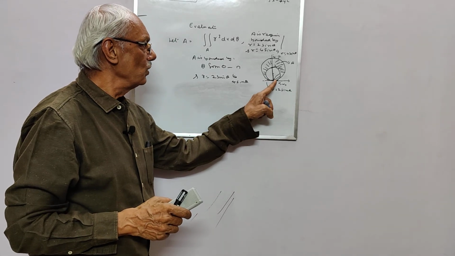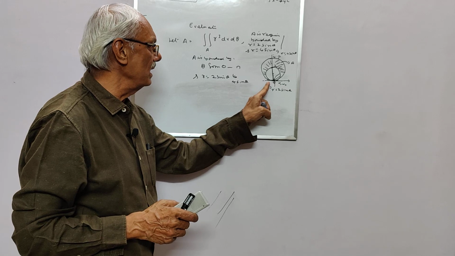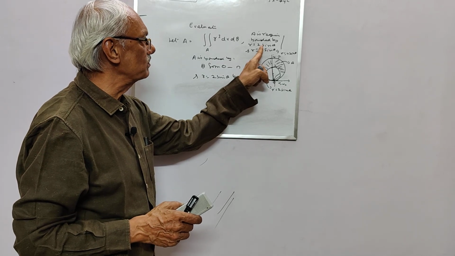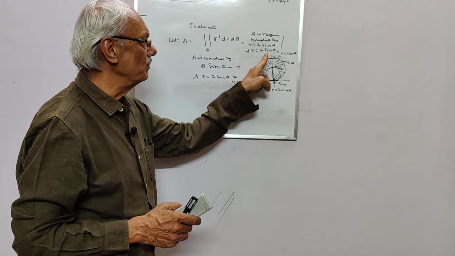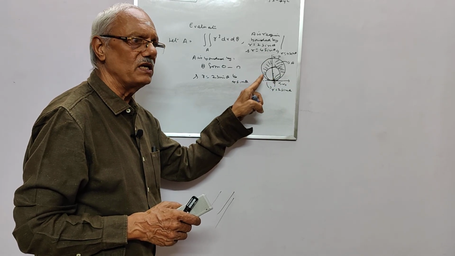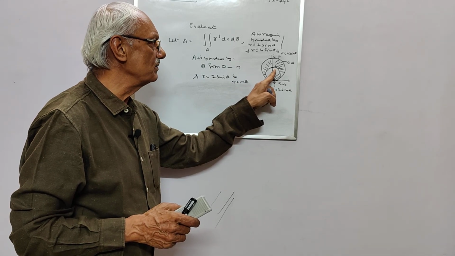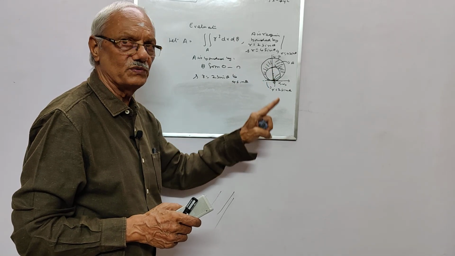So you see that when you change theta from 0 to pi, for this it is a smaller circle, for this it is a bigger circle, but both of them will describe only circles. This inner circle has radius 1 and the outer circle has radius 2.